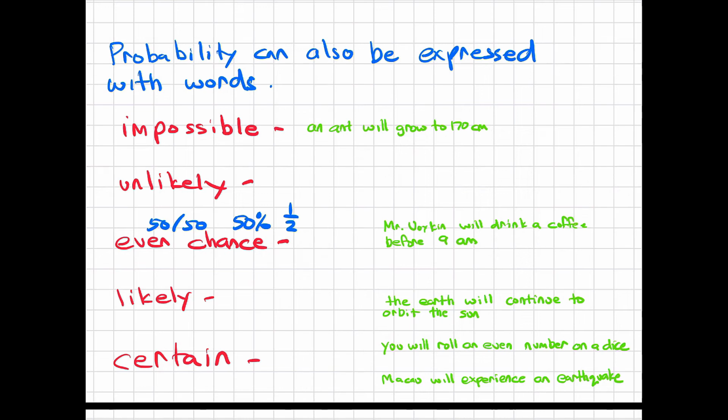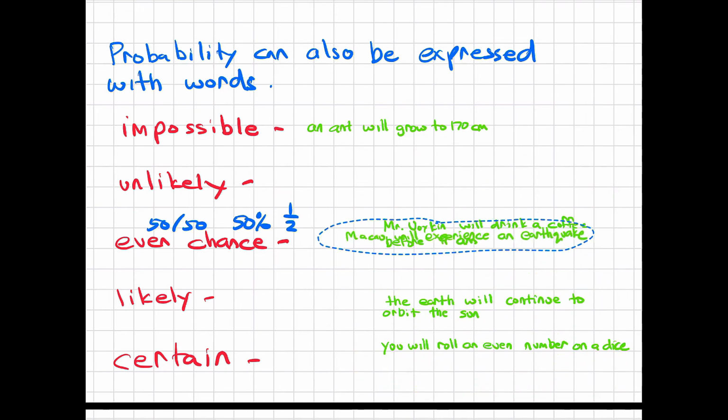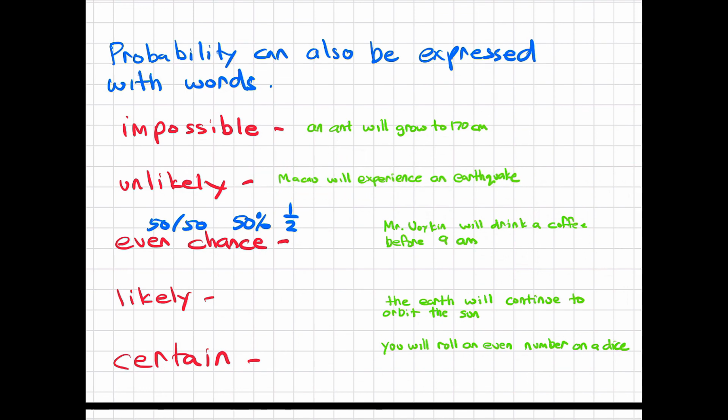Which one is unlikely, which means it's most probably not going to happen? Maybe there's a 5 or 10 or 2% chance of that happening. I've been living in Macau for 12 years and I've never experienced an earthquake. It could happen, but it's probably unlikely that it's going to happen.